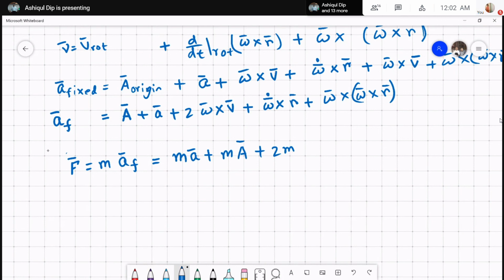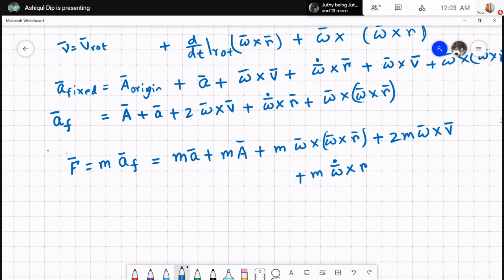Actually, I should write the other one first, I believe. No, let it be like this. M omega cross R, then plus twice M omega cross V plus M omega dot cross R. What is omega dot, by the way?